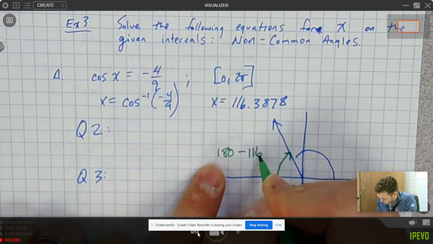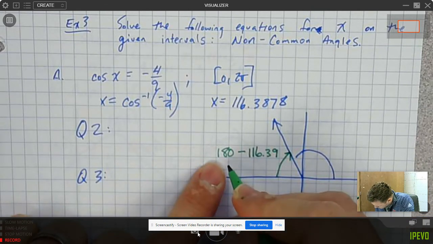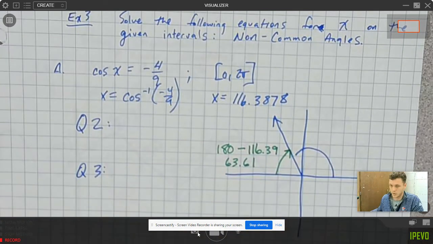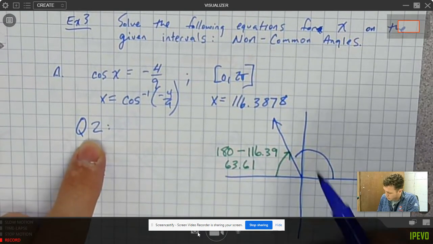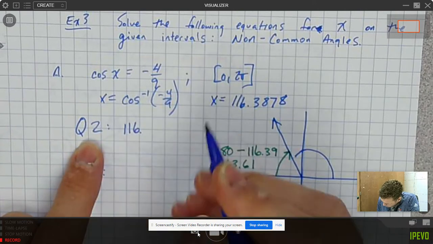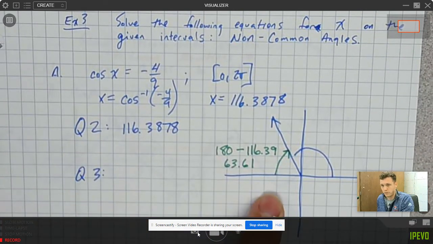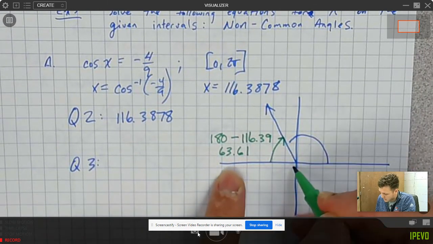But in order to figure out what the angle in quadrant 3 is, we need to know that same reference angle. So I need to rotate it 63.61 more degrees. All right, so basically we're going to take 180 and add 63.61. So that we end up, for my other angle, with 243.61 degrees.